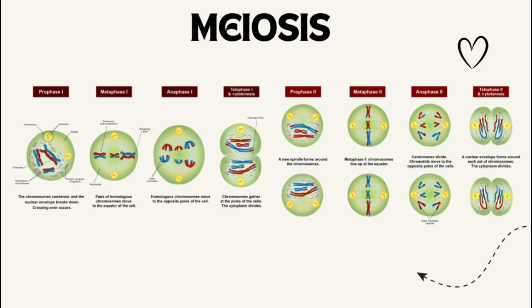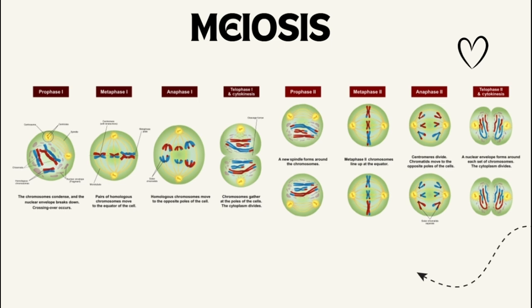Metaphase 1, same thing, they line up at the equator, line up in the middle, and then we have the centrosome, what I talked about earlier, and the centrioles, right? So in metaphase, the centrosome is going to extend the spindle fibers, and chromosomes are going to line up at the equator, right?